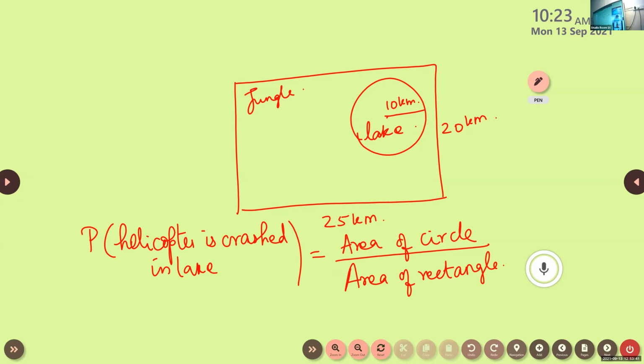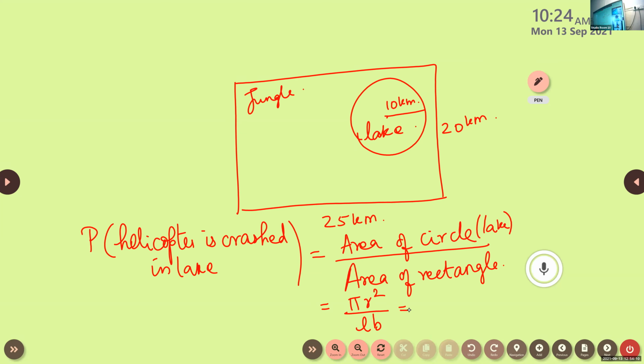Here possibility means it is within the area of the circle, the area of the lake. Circle means lake, and rectangle means the jungle. If pi is not given, you can put 22 by 7. That is equivalent to the area of the circle, pi r squared, by the area of the rectangle, length into breadth.